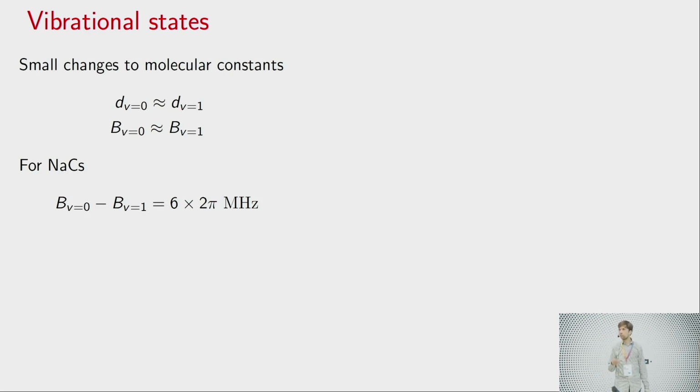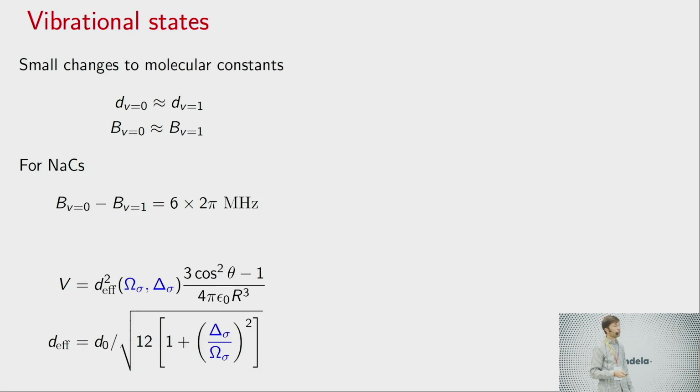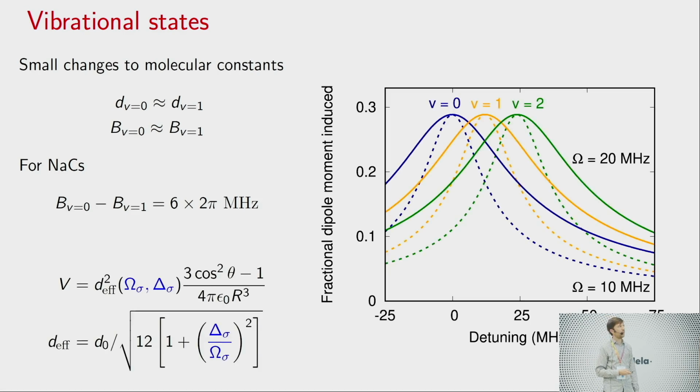So this is on the same scale as detunings and Rabi frequency. So for different vibrational states, you have a different effective detuning, and that detuning controls the dipole moment. So you can actually control dipolar interactions. They can be different in different vibrational states, but you can tune how different they are. So it's completely controllable.